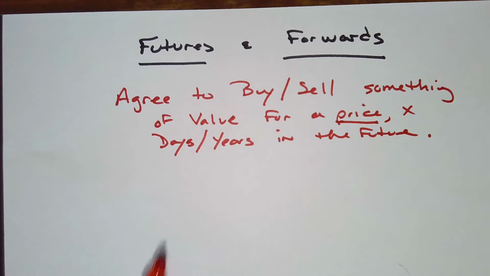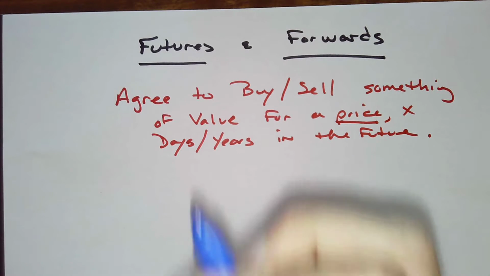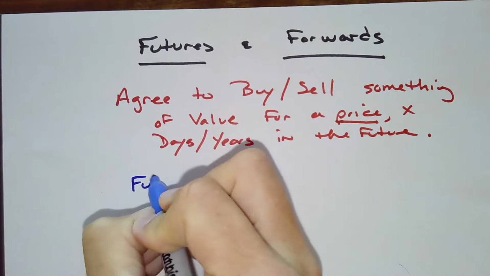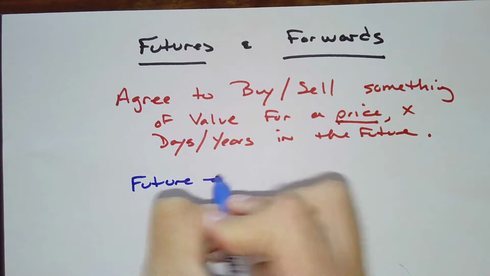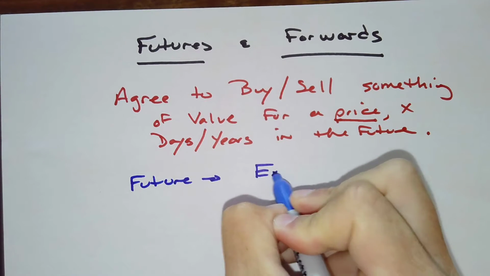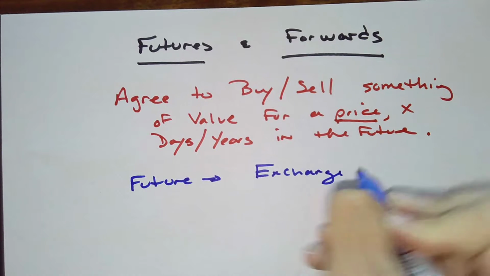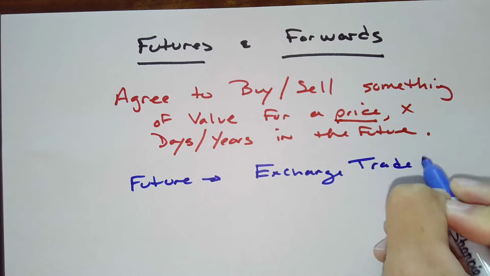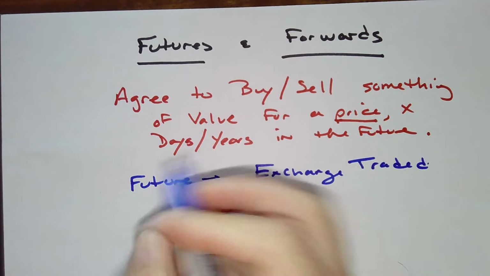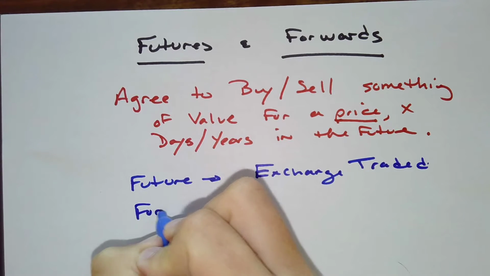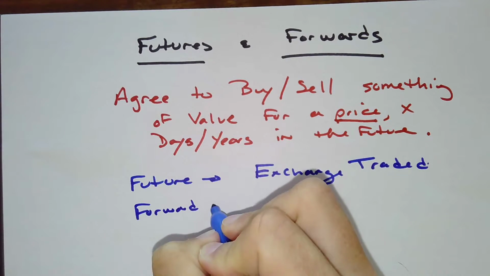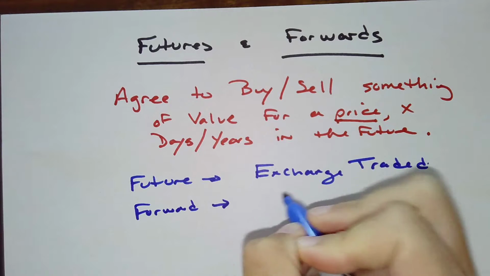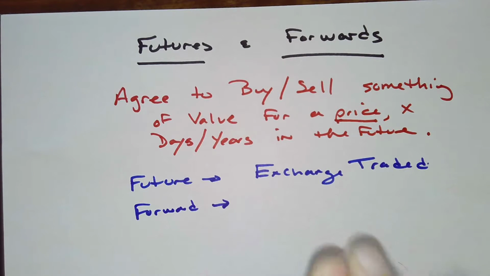So what's the difference between a future versus a forward? The future is an exchange traded contract. The forward is an over-the-counter or private transaction.